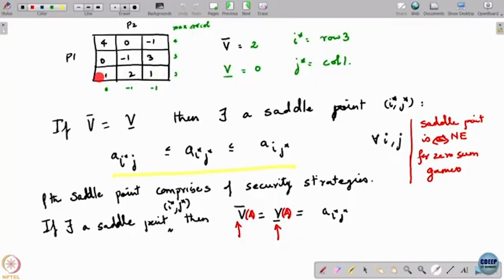Because of this interchangeability property, how to play a zero sum game has a very simple answer. If V upper bar is equal to V lower bar, you just play your security strategy, and that's it. It doesn't matter which security strategy the other player plays; you would get the same payoff regardless.